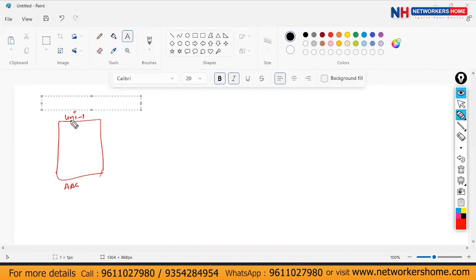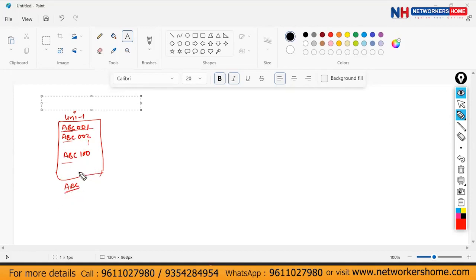The first student's enrollment number will be something like ABC001, then the second student ABC002, and like this, maybe up to ABC100. All the enrollment numbers start with ABC because it denotes that the student belongs to ABC University.